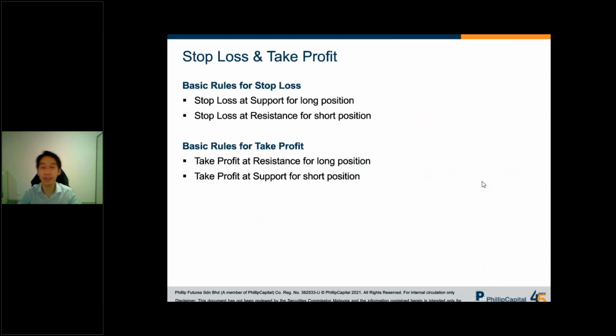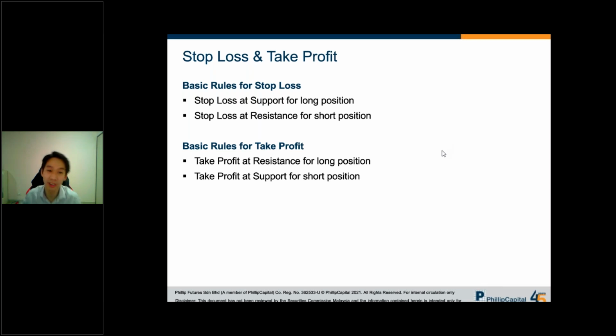Okay, the next thing I'll share with you is stop loss and take profit level. The basic rules for stop loss: you want to place your stop loss at support for a long position, and place your stop loss at resistance for a short position. Take profit is the same: take profit at resistance for a long position and at support for a short position.